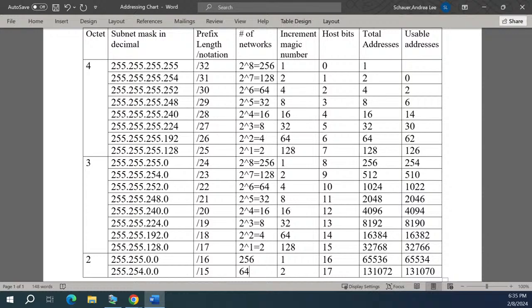If we did 280 hosts, that would put us at a /23. Or you could go down here and do a /19, but then you're wasting so many more hosts.